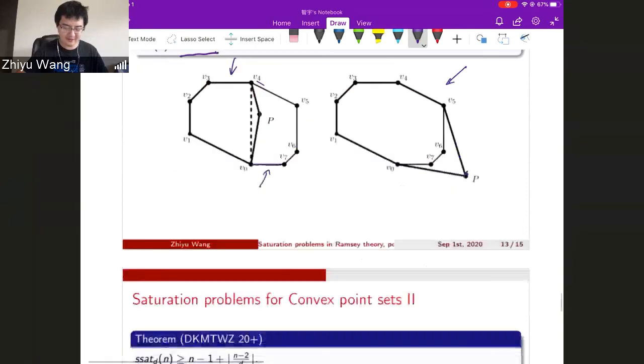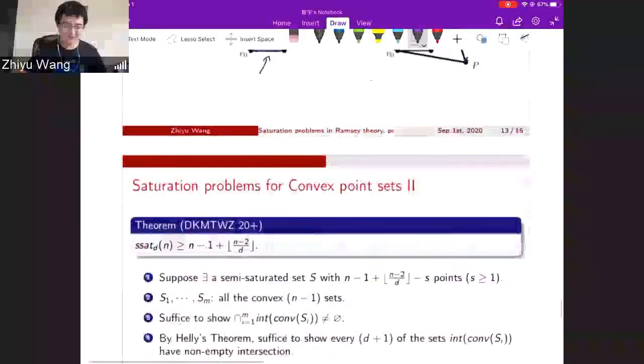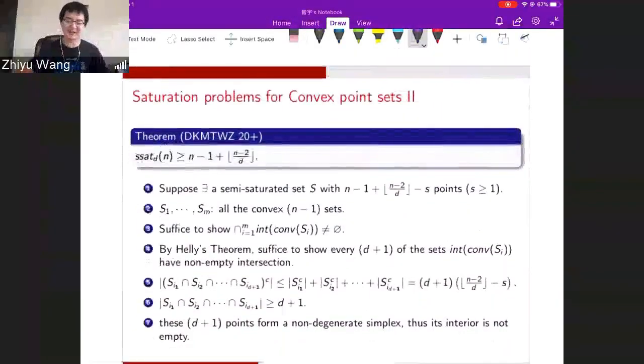And then there's an extension of that result in R^d. We can talk about this problem in d-dimensional space too.